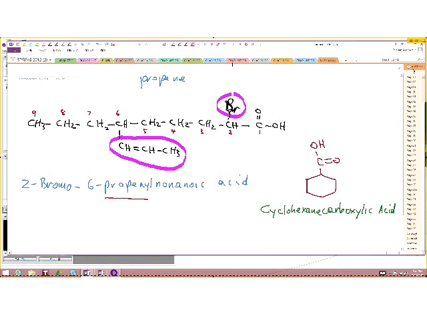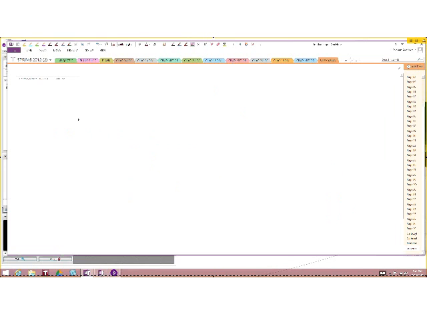Now, supposing you have this. Okay, once again, you give the complete name of the ring system.